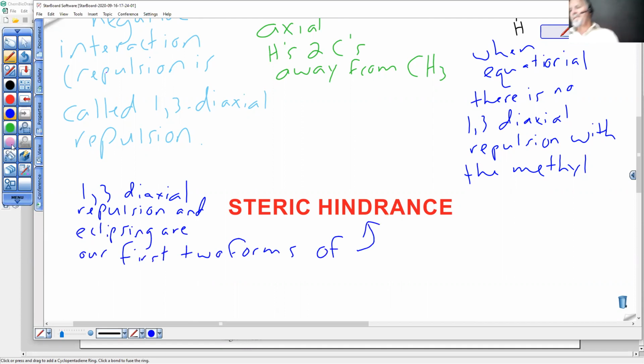Steric means close in space. Hindrance means things are almost or very close to bumping into each other. Okay, so today we've discussed steric hindrance at length, and we just finally put words to it.